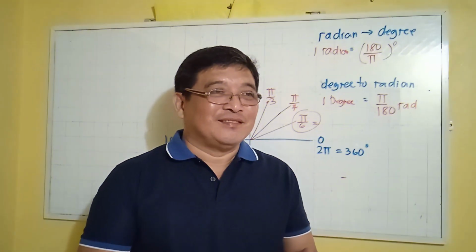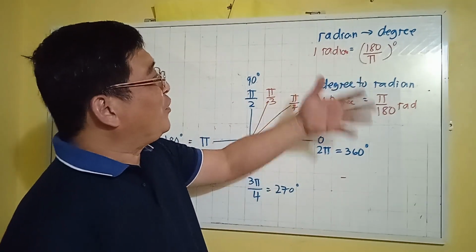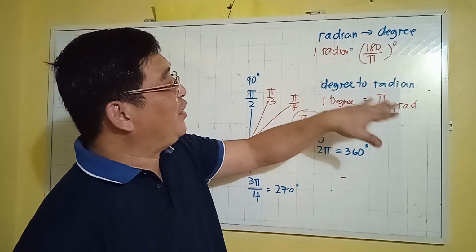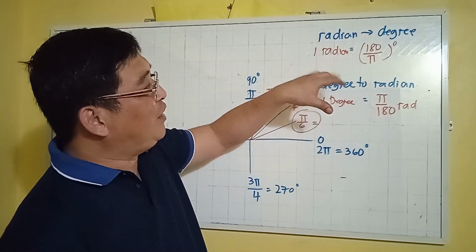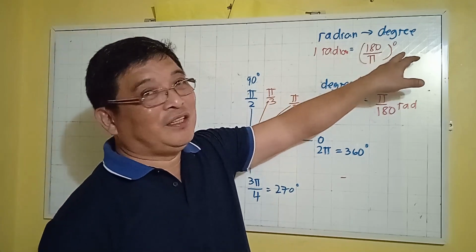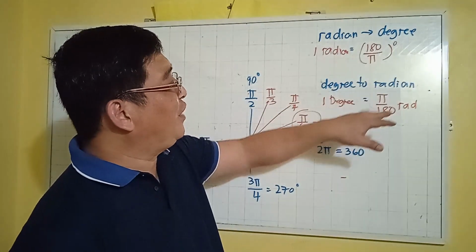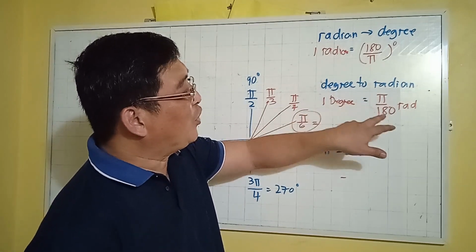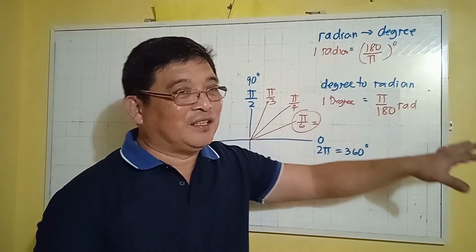Okay, let's go. Now, kung meron tayong conversion dito ng radian to degree and degree to radian, as you can see, the unit, 1 radian is equals to 180 over pi. So, magiging degree siya. And then, yung degree to radian, if you have 1 degree, it has an equivalent of pi over 180. So, magiging radian siya.